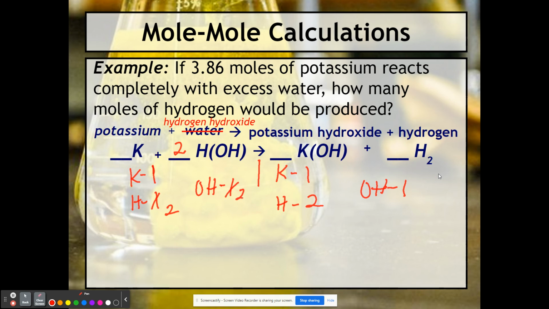That also changes our number of OH. So then we have to change our number of OH over here, which changes our number of potassium and our number of OH. So now we need to change our number of potassium. And then everything is equal. So we need those coefficients in front.